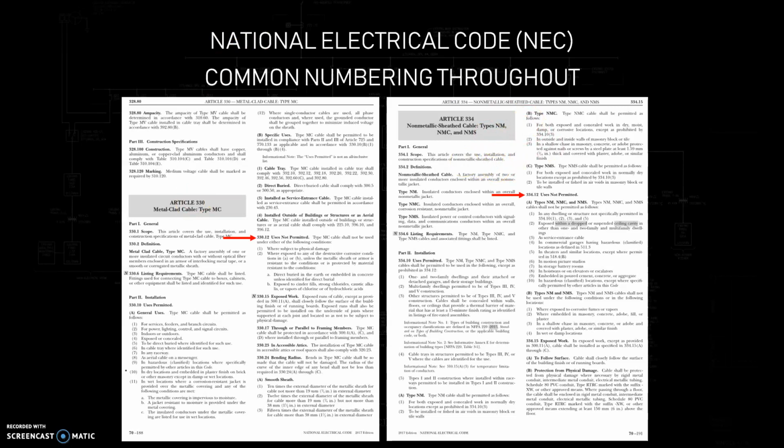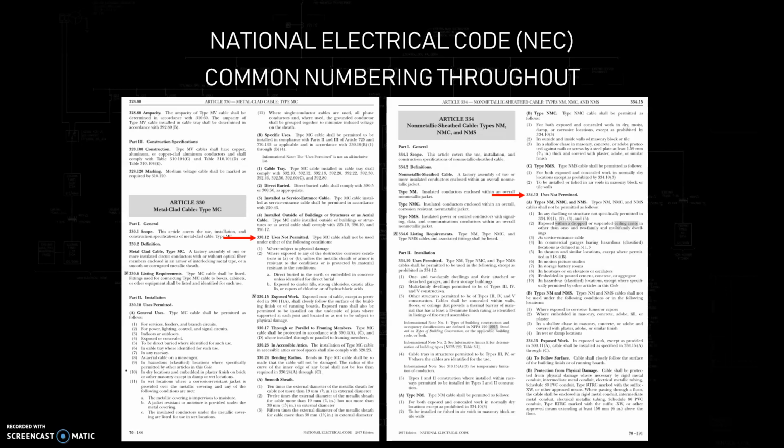And I want to know, well, am I allowed to use NM cable in this certain situation? If you know that NM cable is Article 334 and that .10 is uses permitted, you've effectively memorized that code reference for you to look up. So get used to some of those common code article numbering sequences.